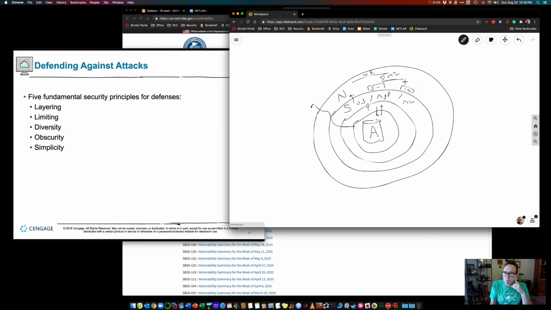An example of this would be the Target attack from years ago. Target did not have proper isolation between two subnets. One would be their payment system and the other their HVAC. Both were under the same subnet. The payment system, of course, had access to the most valuable data.